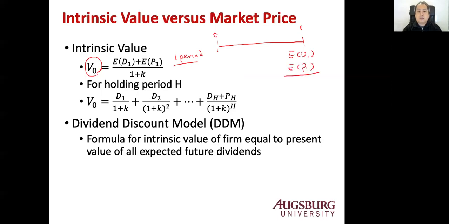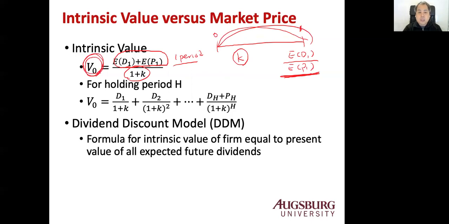So if you sell this stock in year 1, then the cash flow should be the expected dividend plus the expected price. If the market capitalization rate is K, then it should be divided by 1 plus K. So that will be the one-period intrinsic value.